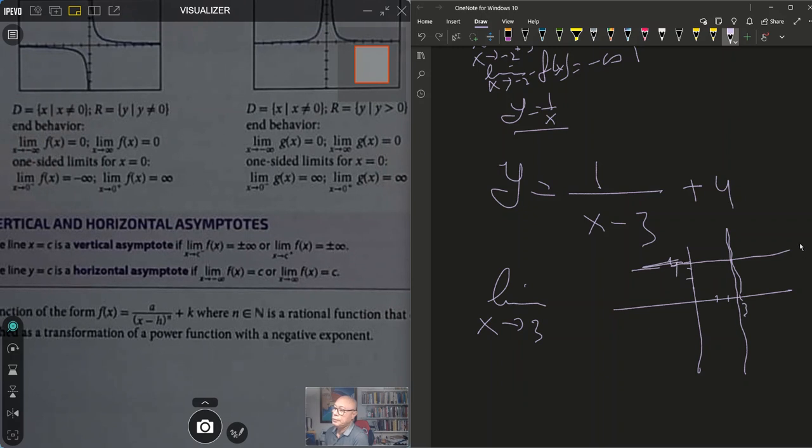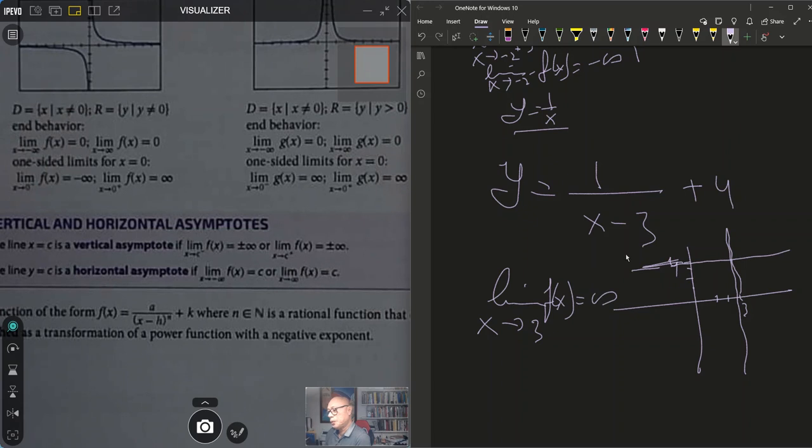When the function goes from the right side to 3, the value of x minus 3 is positive because x is more than 3, right? So the function would be infinite.